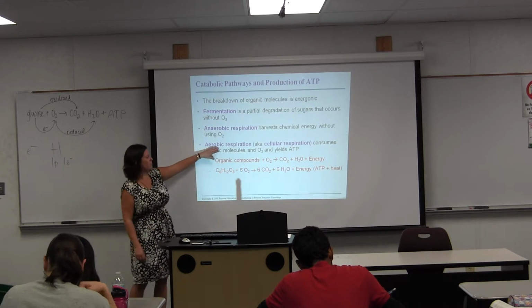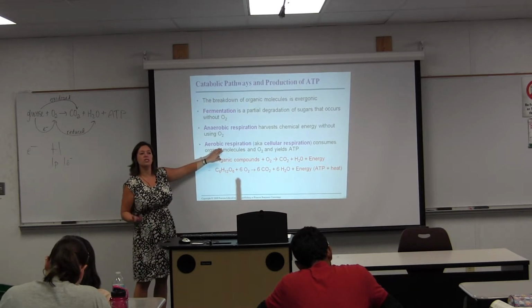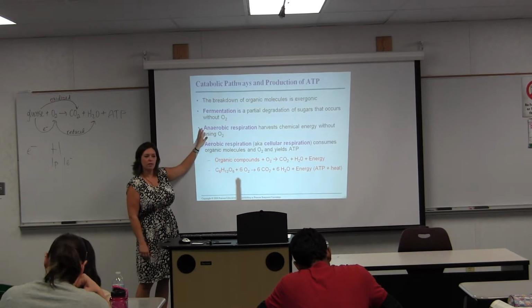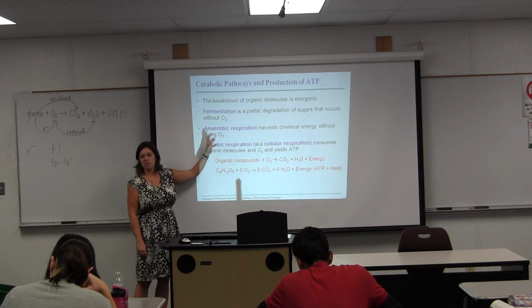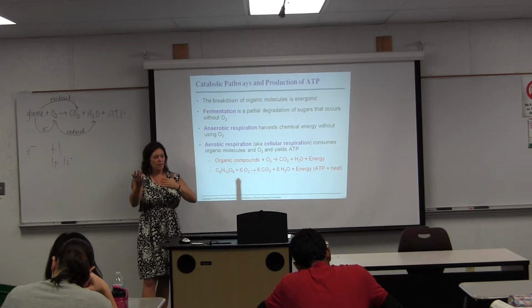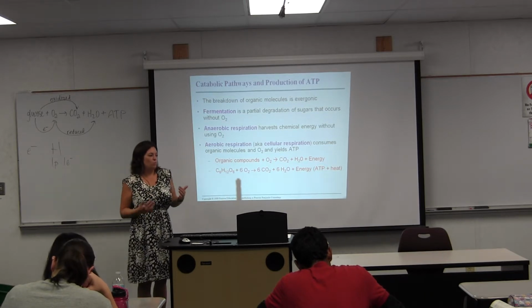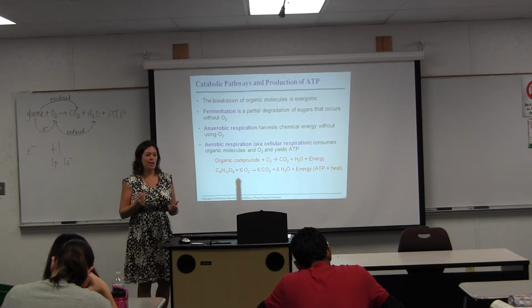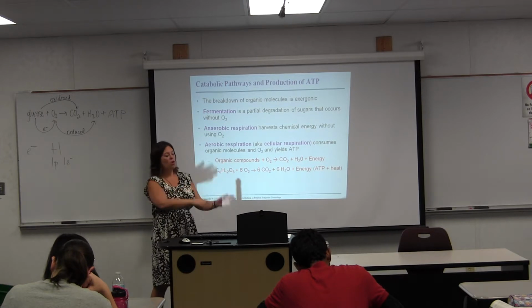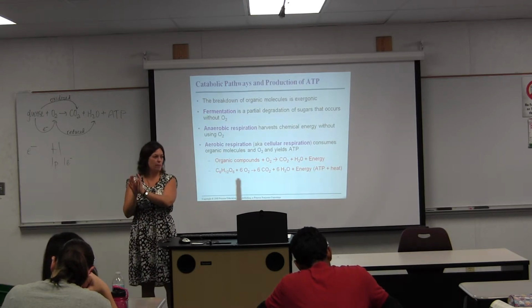Aerobic means that oxygen is present, versus anaerobic respiration, which is where oxygen is not present. So the two main ways to generate ATP are either with oxygen or without oxygen.